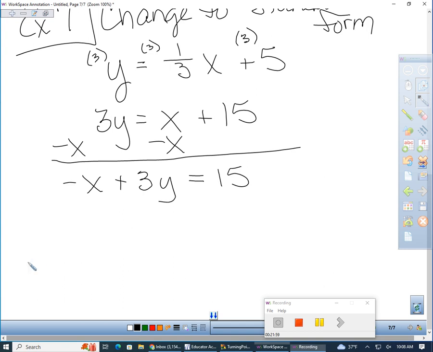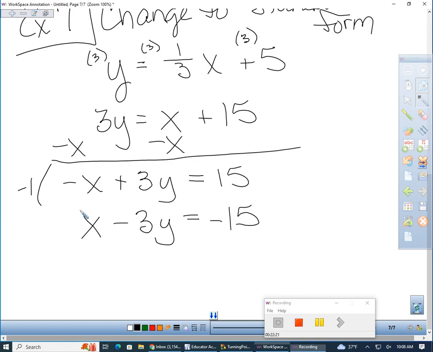So we're going to multiply everything by negative 1. So negative 1 times negative x is positive 1x. Negative 1 times 3y is negative 3y. And negative 1 times 15 is negative 15. This is in standard form. That's our final answer. Then if we wanted to, we could find our intercepts or use it to graph or whatever we wanted to do.